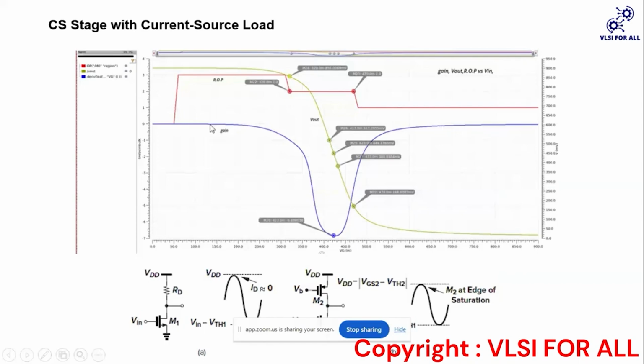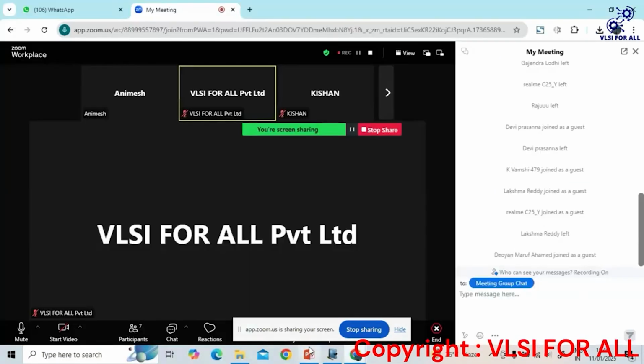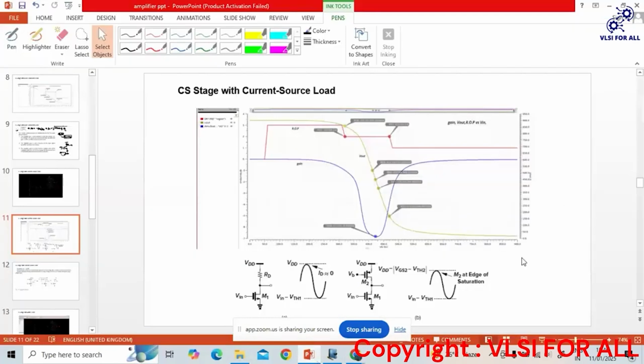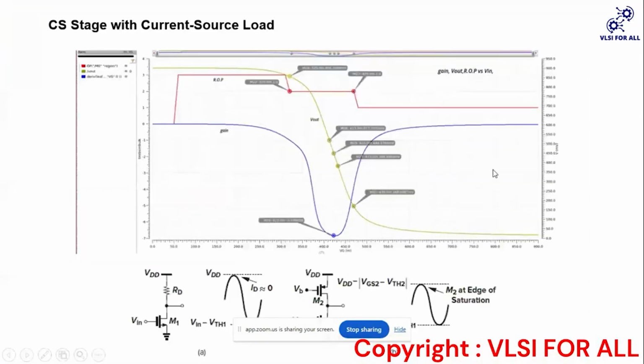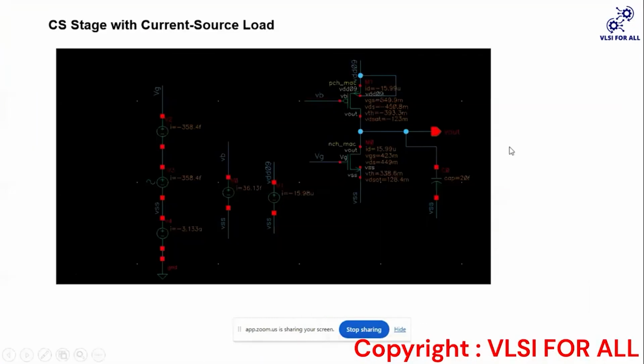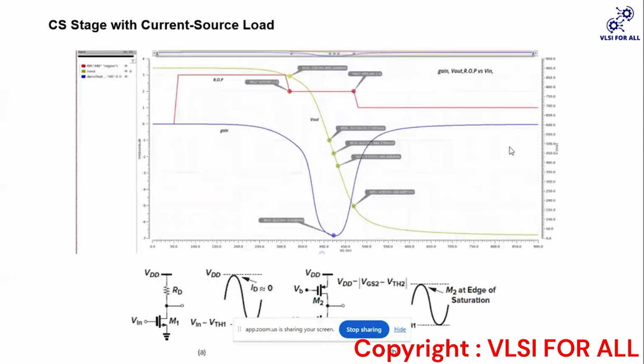Please let me know if it is fast. Okay, so we will see here. As we see, as the input voltage is increasing, how will our output voltage look? When the input voltage is 0, this NMOS will be off, no current will flow, and Vout will be VDD.